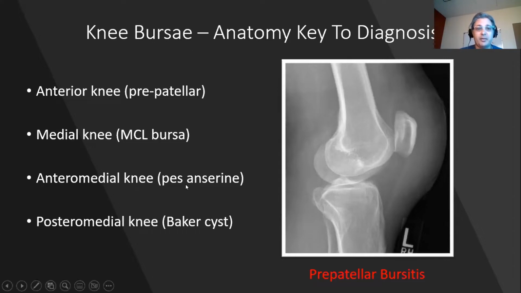Inferiorly and anteromedially, we are all familiar with the inflammation of the pes anserine bursa that can cause symptoms in the knee area. And probably the most famous of knee region bursae that can cause us problems is the Baker cyst, located in the posteromedial aspect of the knee.